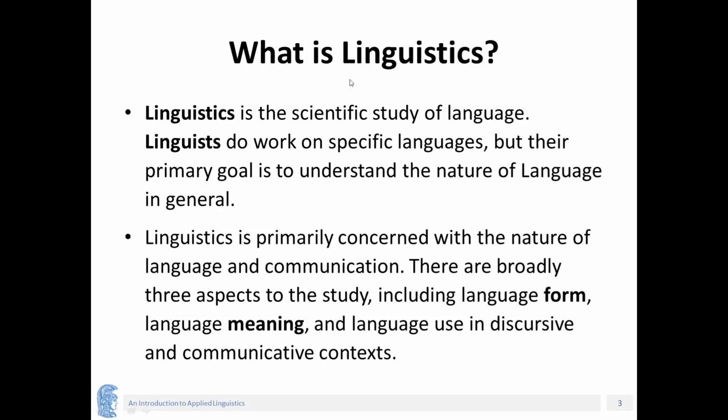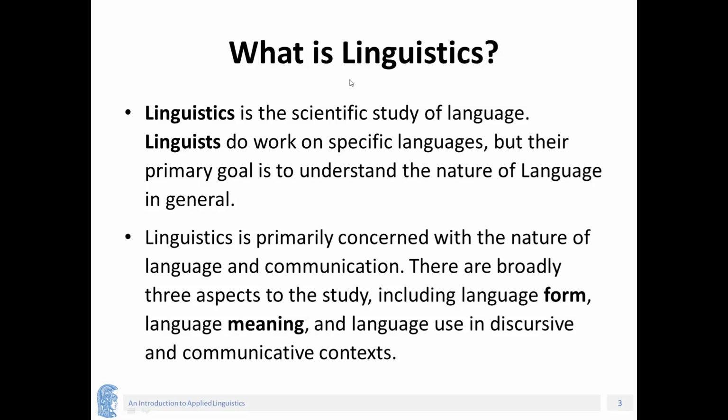They are language form, language meaning, and language use in discursive and communicative context. What are the three main areas of study under linguistic? Check whether you know the answer. Form, language meaning, and language use. Very good. These are the broader areas of linguistics.